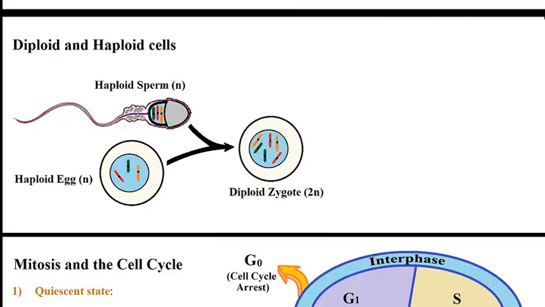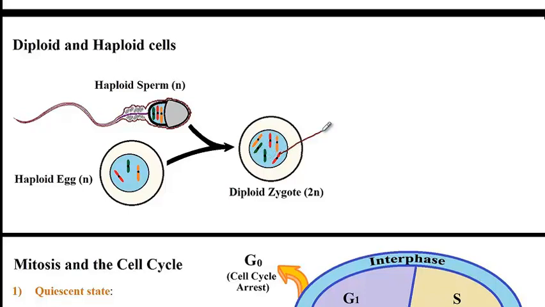So basically cells that have two pairs of each chromosome, the other name for which is homologous chromosomes, are called diploids. For instance, you can see a diploid zygote right here. It has a pair of red chromosomes, a pair of orange chromosomes, and a pair of green chromosomes.